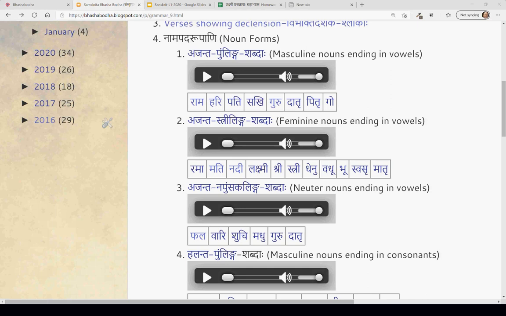But in the case of Mati or Vari, even if you know the meaning, it doesn't matter much because they are non-living beings. Vari means water, Mati means intellect. So they could be Pullinga, Napunsakalinga, or Strilinga irrespective of the meaning. Jalam is Napunsakalingam.